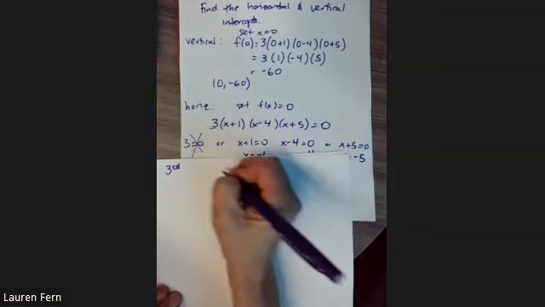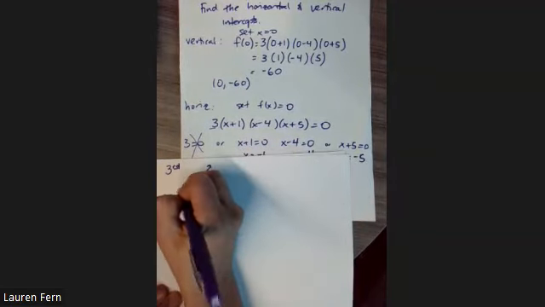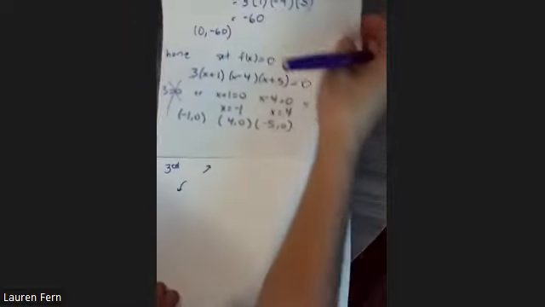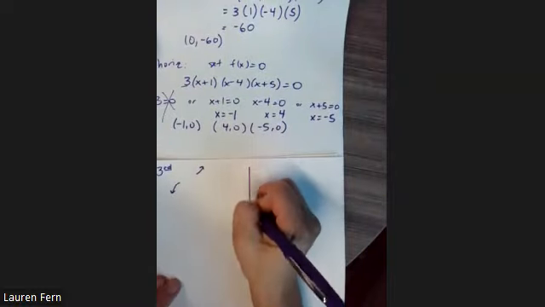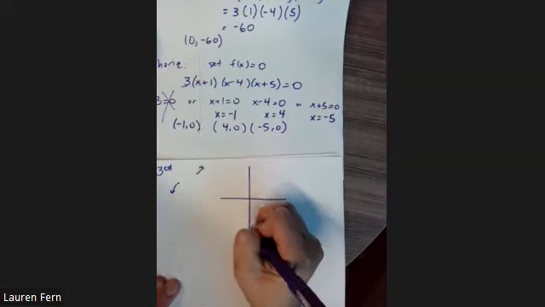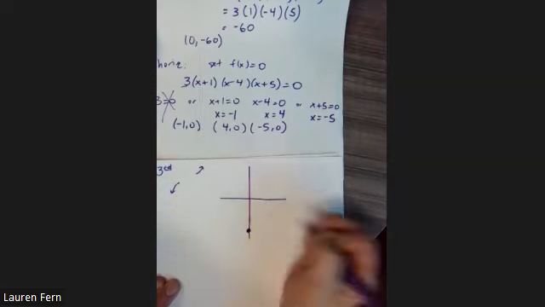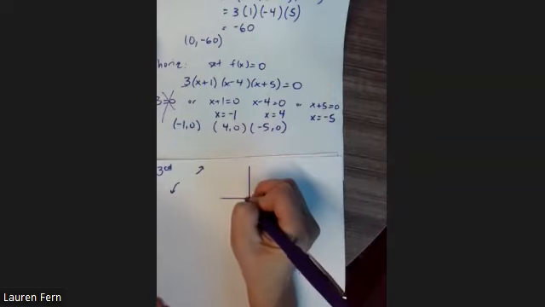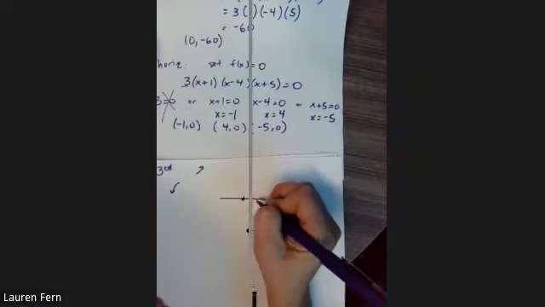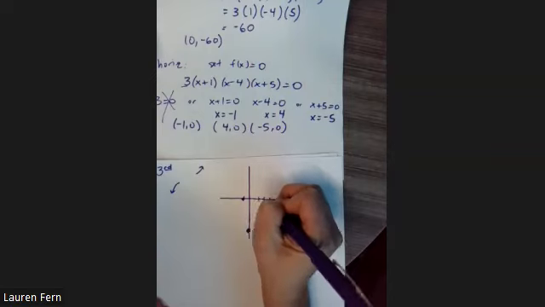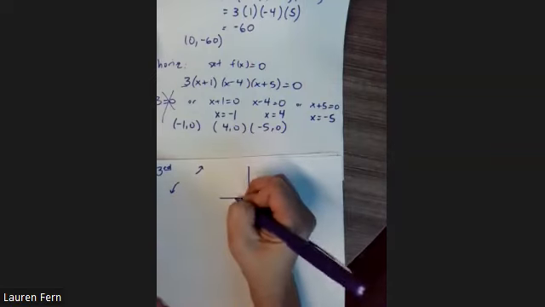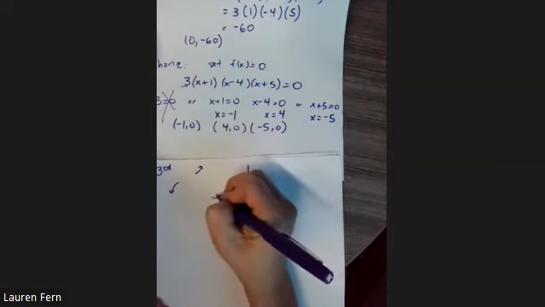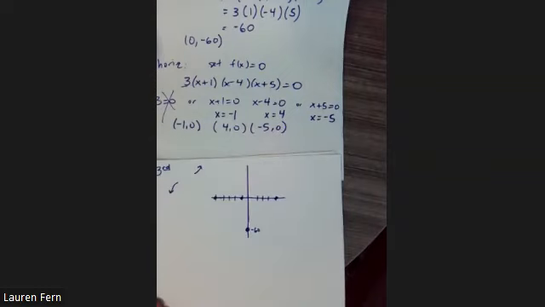So I know in the end, one arm is going to go up and one arm is going to go down. Furthermore, I know that this crosses my vertical axis at -60. And I know it crosses my horizontal axis at -1, 4, and -5.